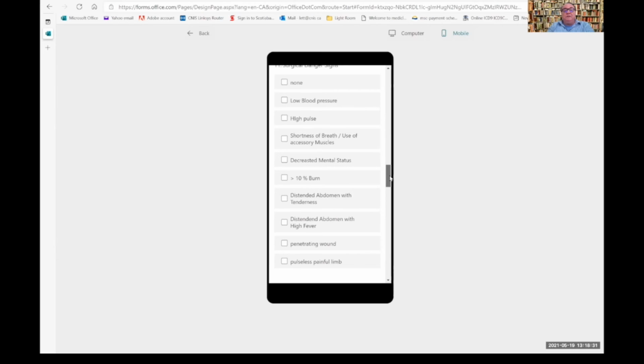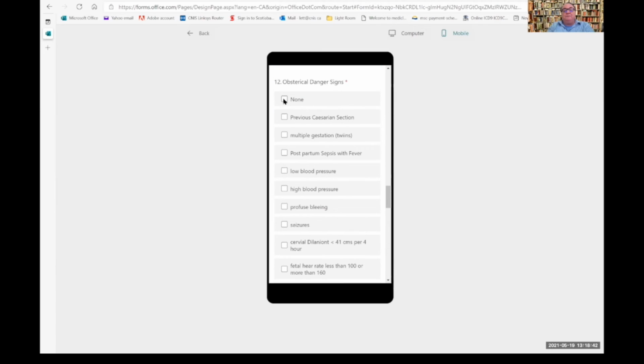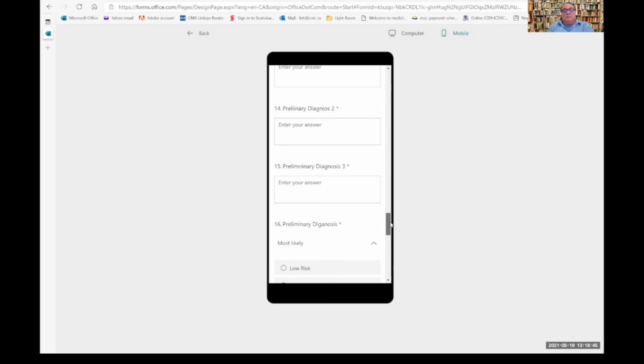Surgical danger signs, she had a high pulse. She had a penetrating wound. Obstetrical danger signs, none. Preliminary diagnosis, laceration, septic or infected laceration, or contaminated laceration.